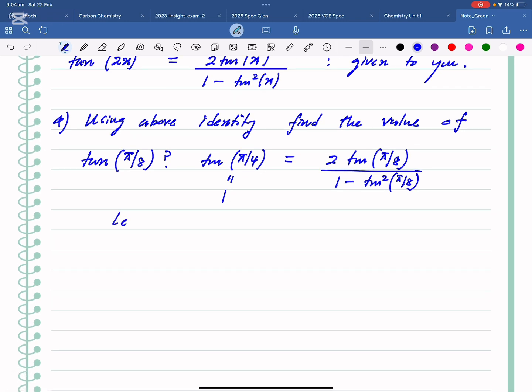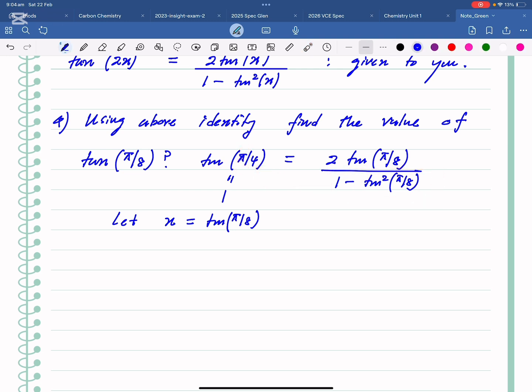So we can let x be tan pi divided by 8. How do you understand that? Because you have tan squared, right? If this is 1, you can cross multiply this whole thing.